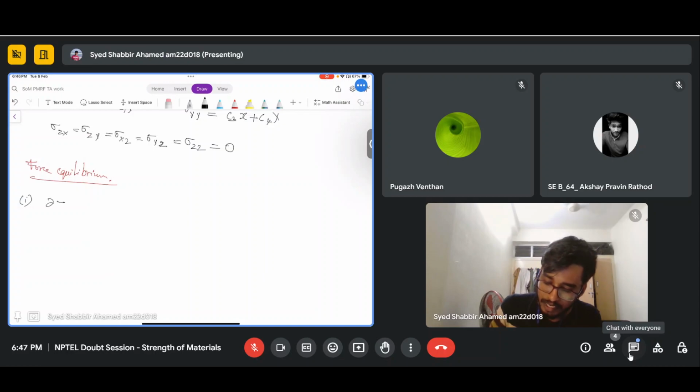So we have ∂σxx/∂x plus, I can simply write sigma xy, but we know that sigma xy is a shear stress which is acting on the plane, so I'll write it as tau xy.